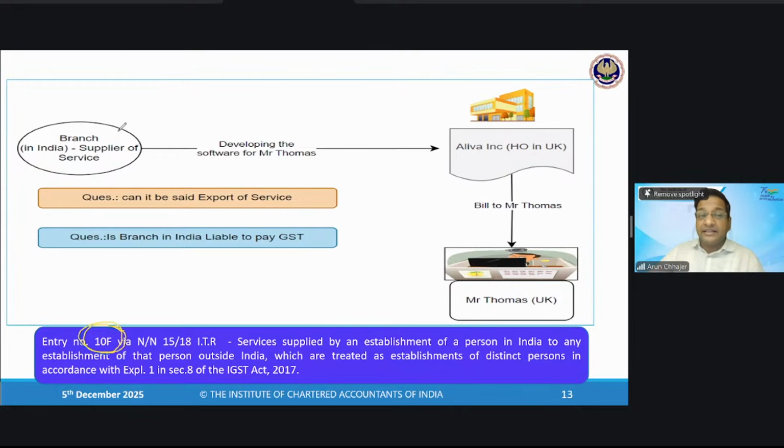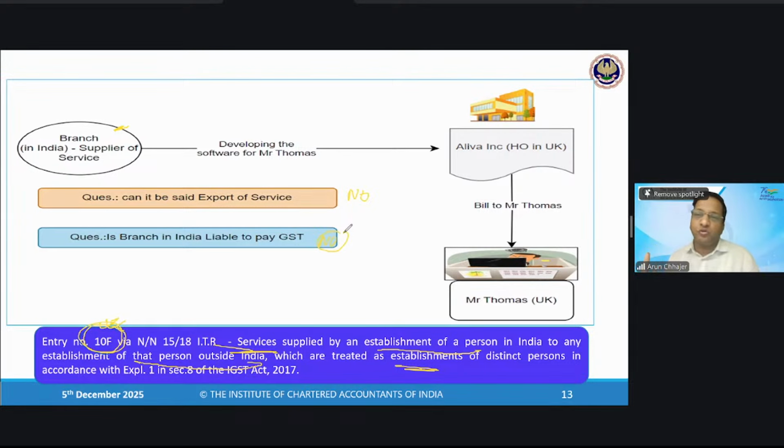It says that a service supplied by an establishment of a person in India to an establishment of that person outside India, which are treated as establishments of distinct persons, is exempted. Therefore, can it be export of service? The answer is no. Do they need to pay the tax? The answer is no.